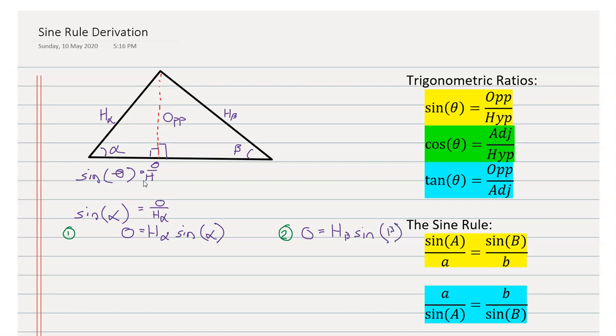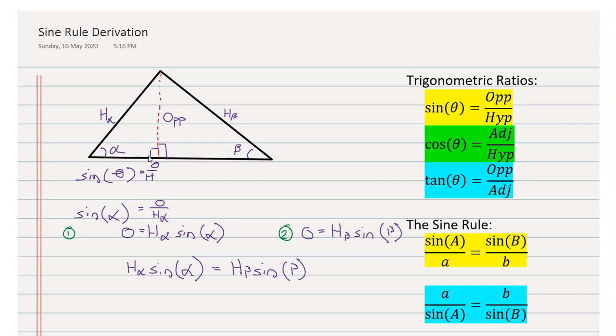Now, bringing it all together, I'm going to equate equation 1 and 2 because they are both equal to the opposite, which is this red line down the middle here. So equating both of our equations, we've got the hypotenuse alpha times sine of alpha equals the hypotenuse of beta times sine of beta.